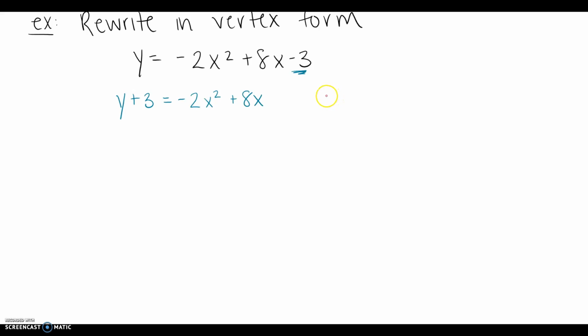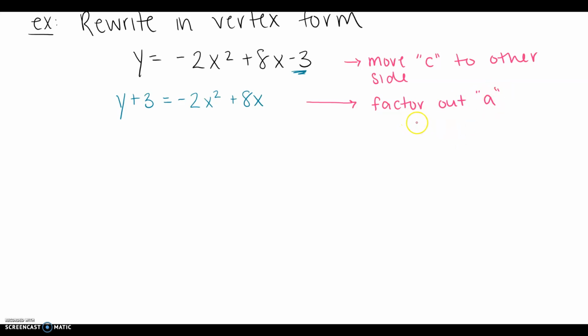Here, I'll write the steps. So move c to the other side, and then we want to factor out a.